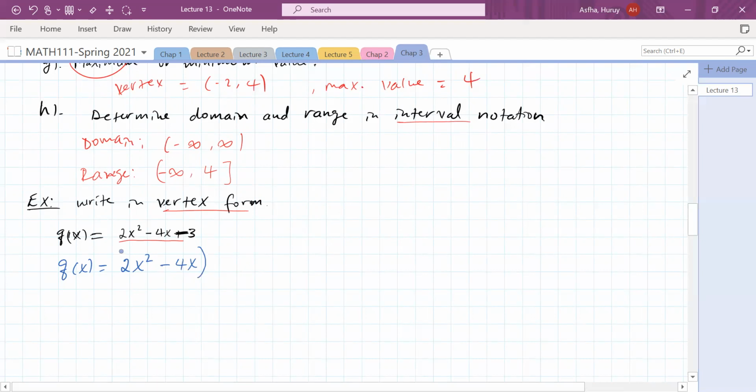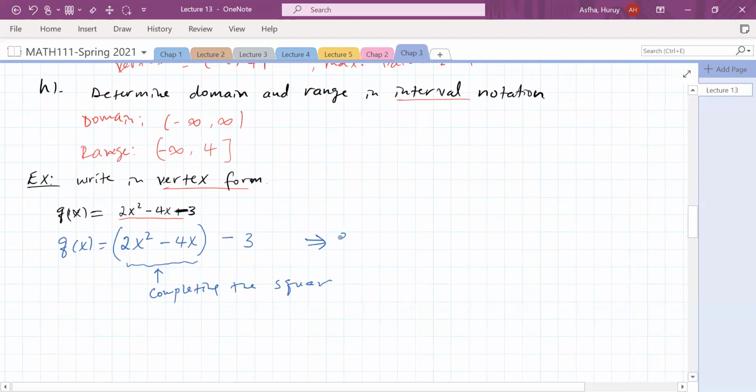I will put parentheses here, minus 3. I separate them; there is no change, I just put parentheses inside. Now we need to apply completing the square to this term, just this inside part.